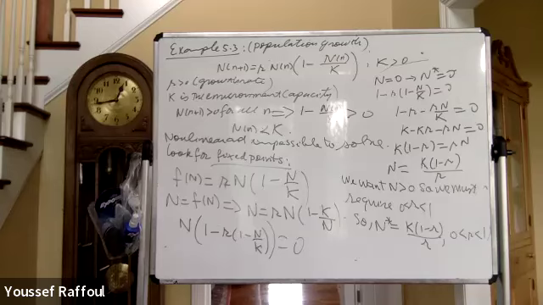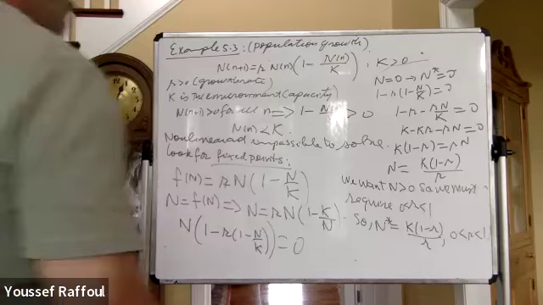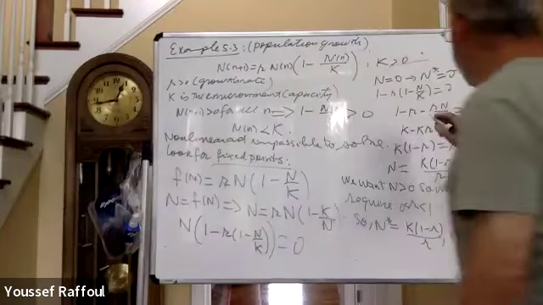So n equal r n times 1 minus n over k. Oh, okay, see, we made a mistake here.